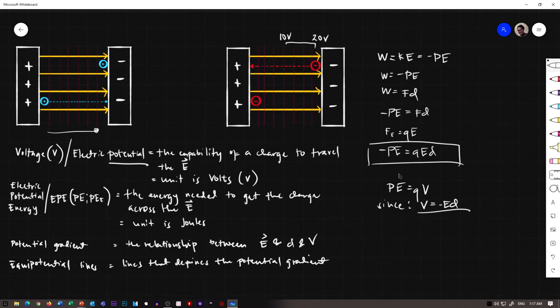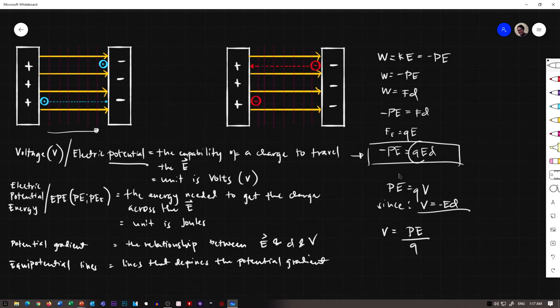All right, and then finally we can rewrite this equation as voltage is equal to P over Q. So you have this one, which is basically the definition of electric potential energy by utilizing the concept of potential gradient.